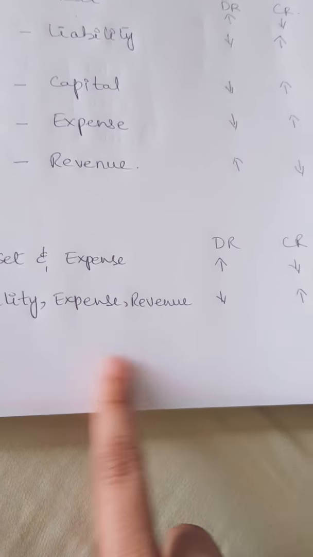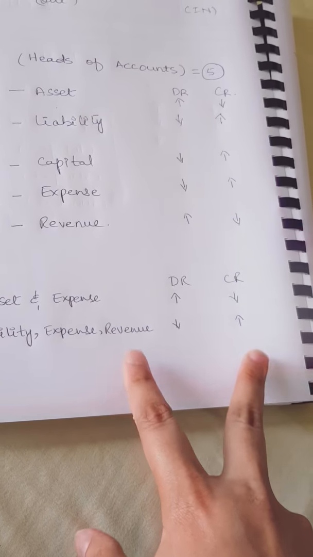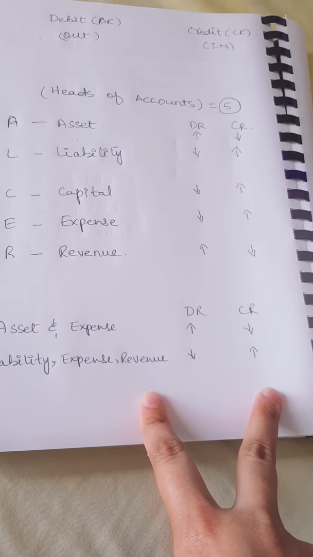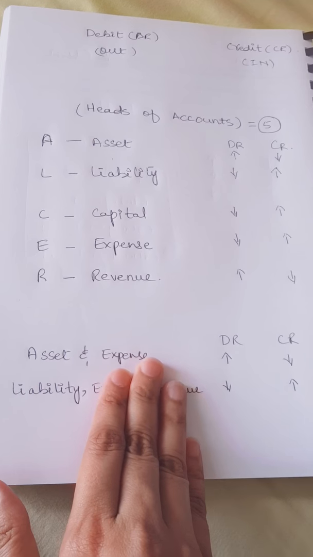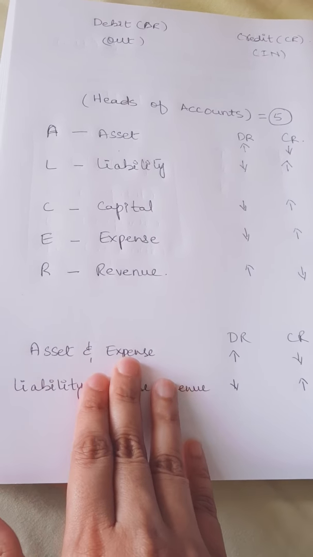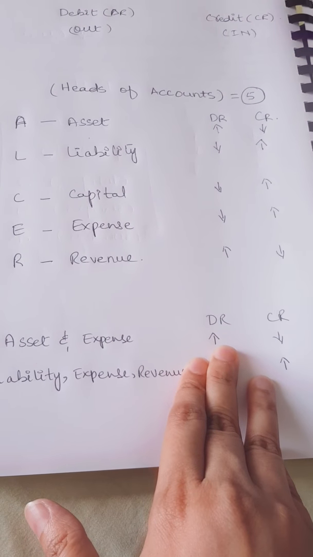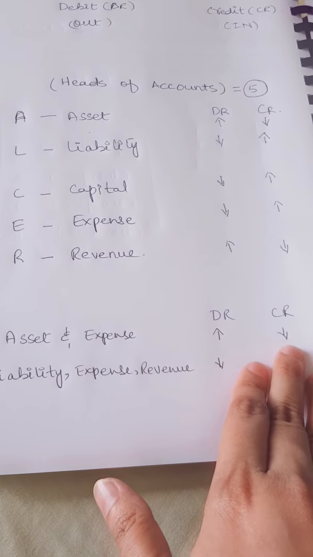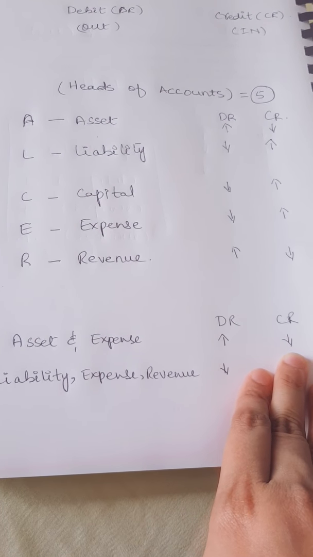I have put this table for your reference, so it will become easier for you to remember and understand. Asset and expense, both of them behave in the same manner. So whenever they are increasing, they will be put on the debit side, and whenever they are decreasing, they will be put on the credit side.